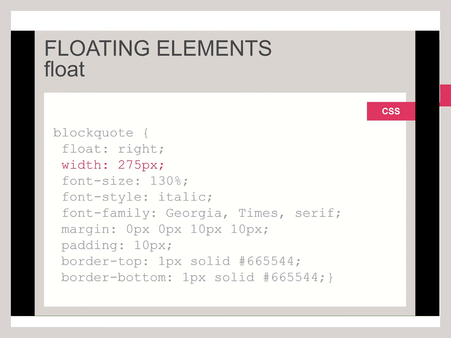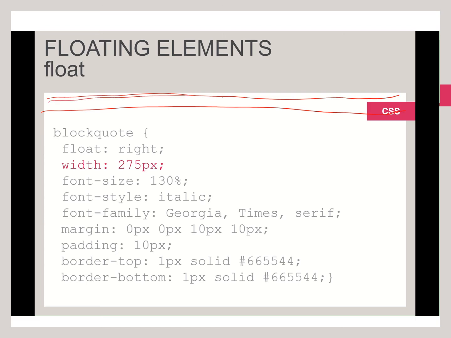If we don't define the width, it will occupy the whole window, the whole body. Then you don't see the effect, because it would just show the result as normal. That's why we must give a width to show the effect, because we want to put that one on the right corner.